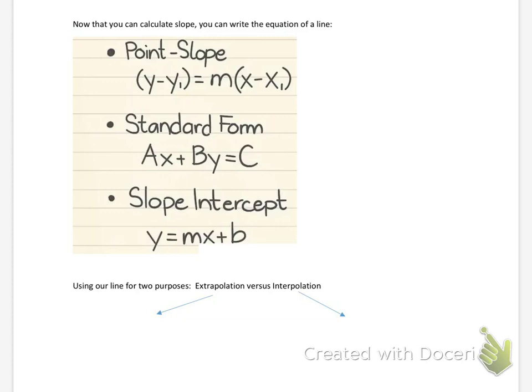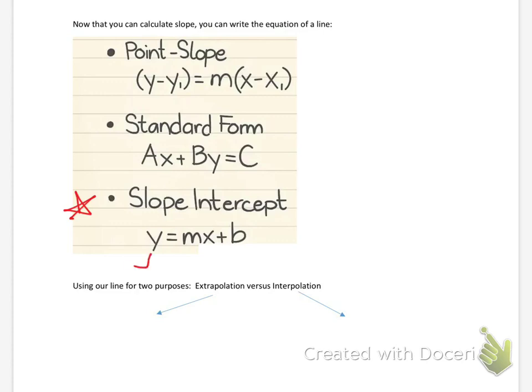Okay, so point slope form. Each of these forms has a gift, so I should back up and say that. They are each considered an equation of a line. In our current class, we tend to use slope-intercept form. So why don't I begin there so that we understand what we're doing?